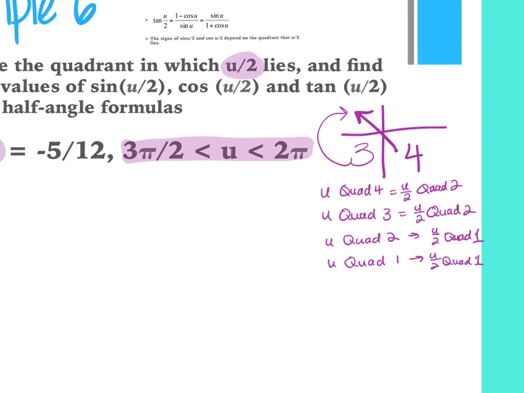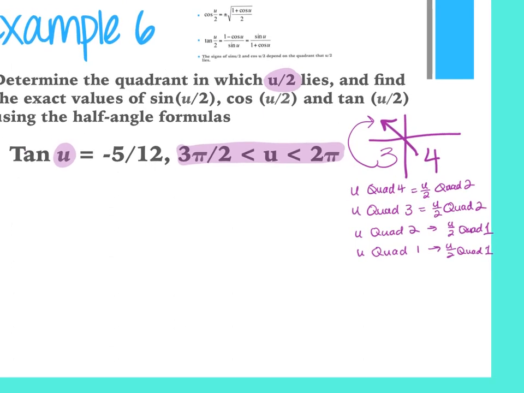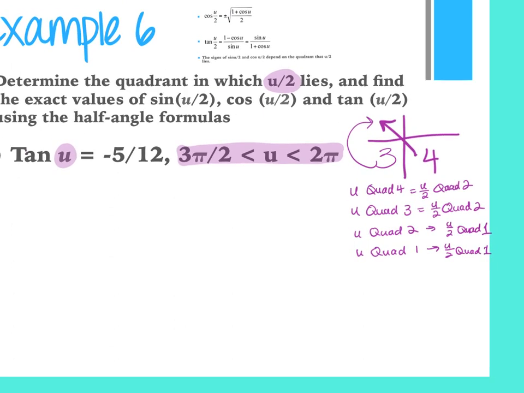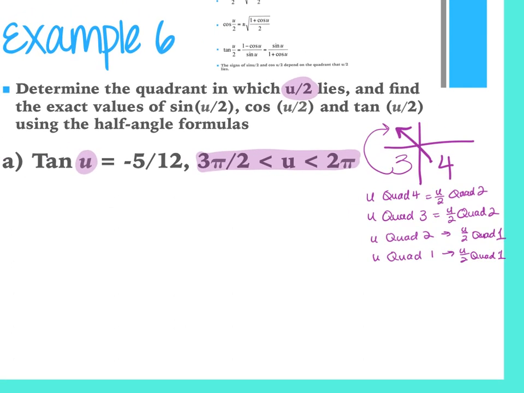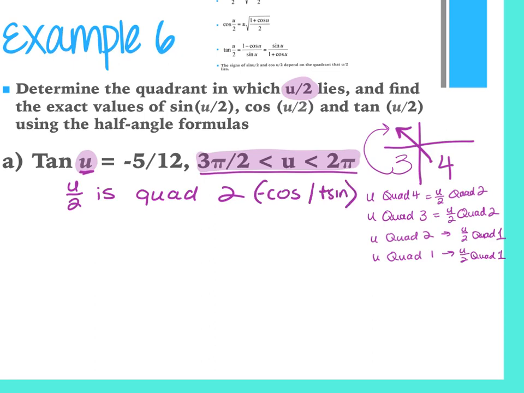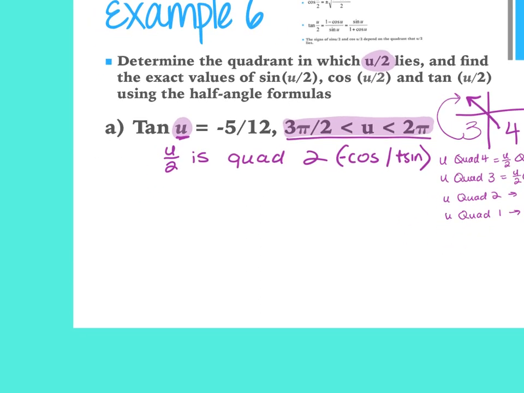So all of that's important so that you know what sign to put on the answer if it's sine and cosine. So if my initial angle, which is U, is in the fourth quadrant, then U over 2 is in quadrant 2. Which means my cosine is going to be negative and my sine is going to be positive. Now I got to set up my triangle.